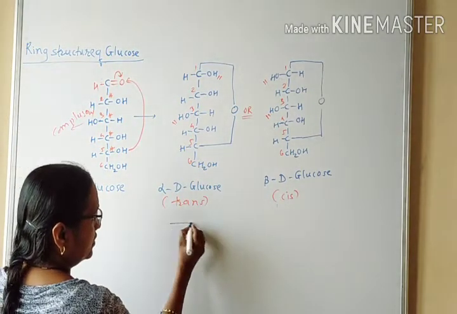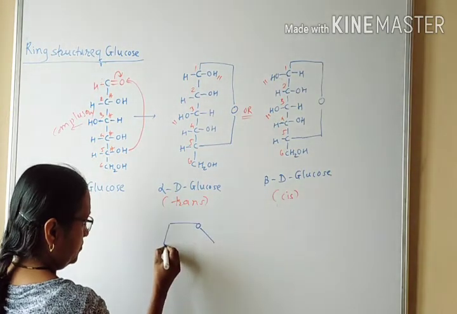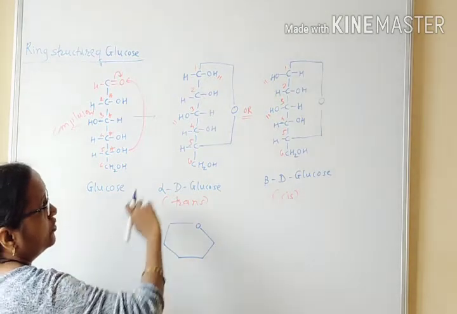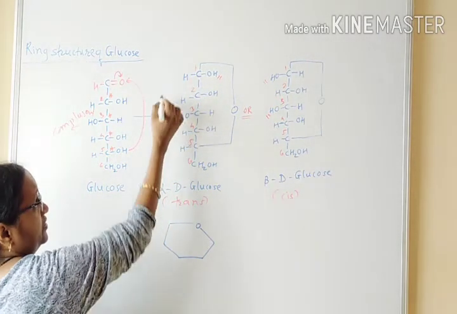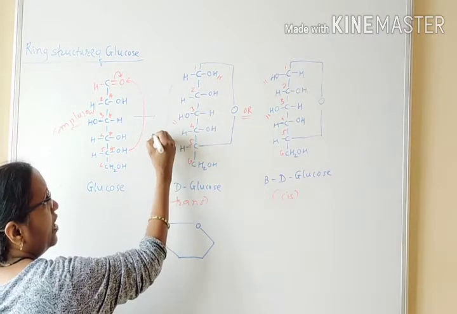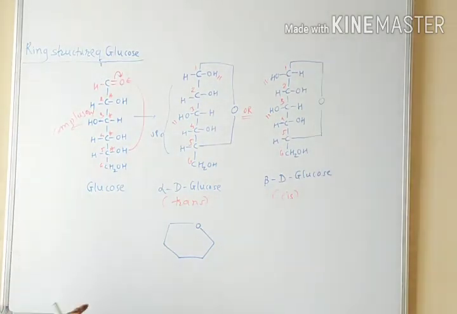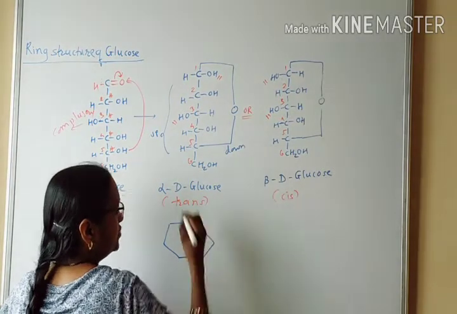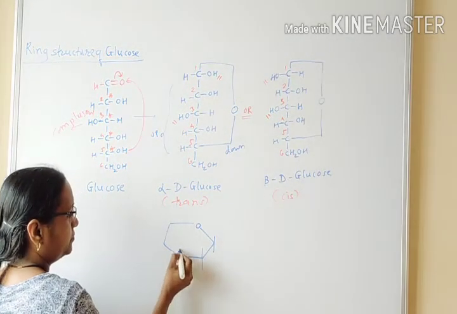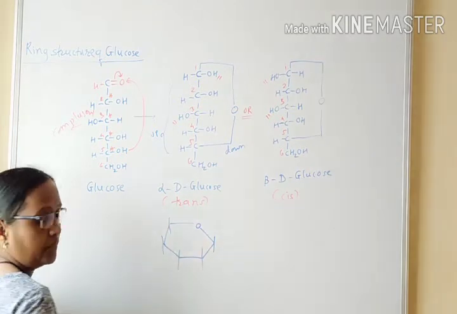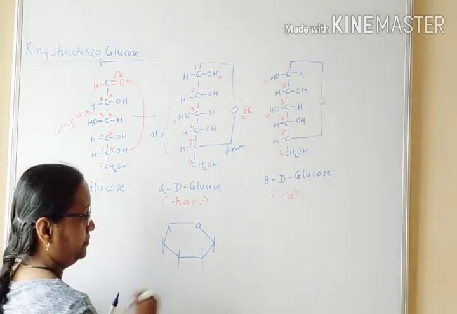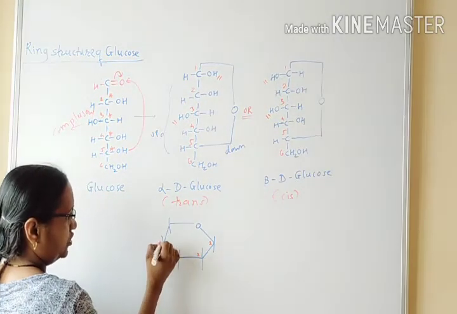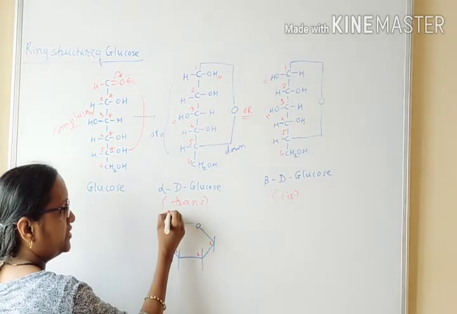So here is the O, a 6-membered ring. Those which are on the left, we have to write on the upside, and those on the right side, we have to write on the downside. Now see here, carbon number 1, carbon number 2, the third, fourth, fifth, and carbon number 6 will be here.